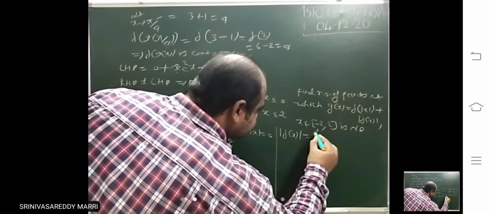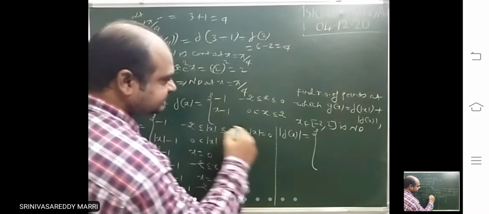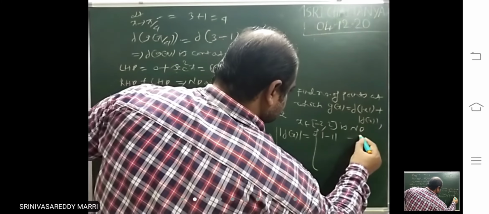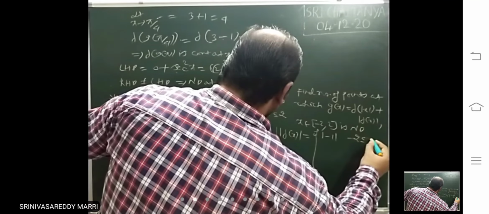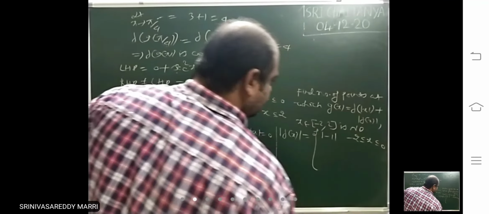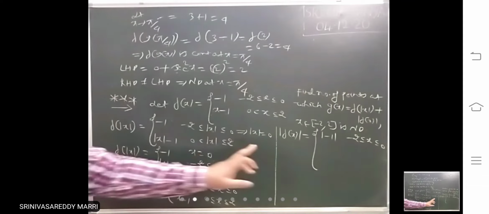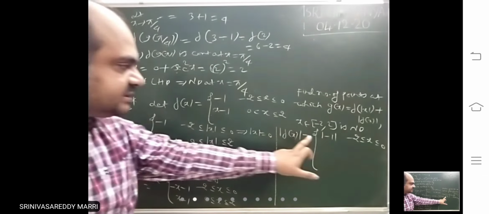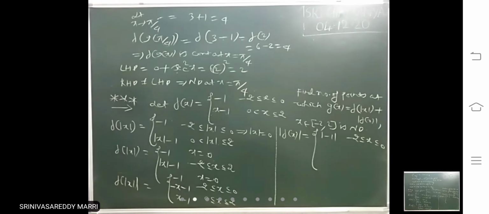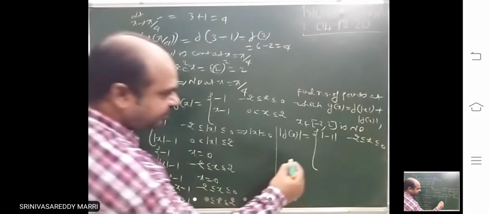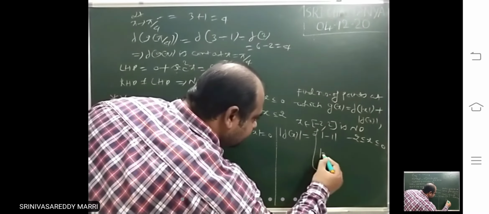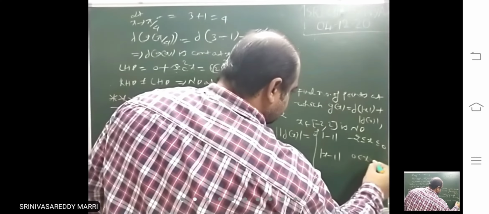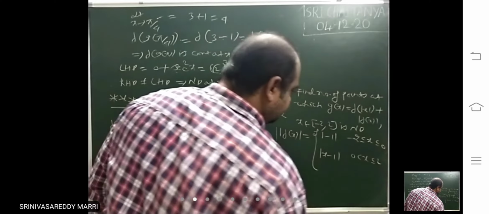Just for this you write modulus; x will not change. So modulus f of x is modulus x minus 1 for x less than or equal to 2.